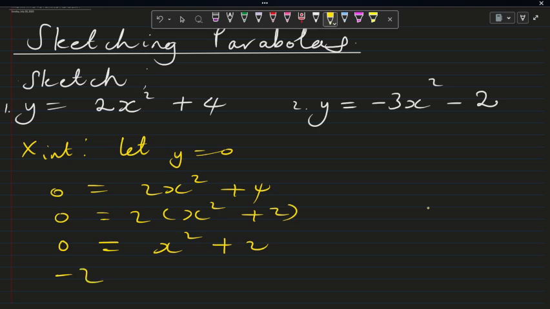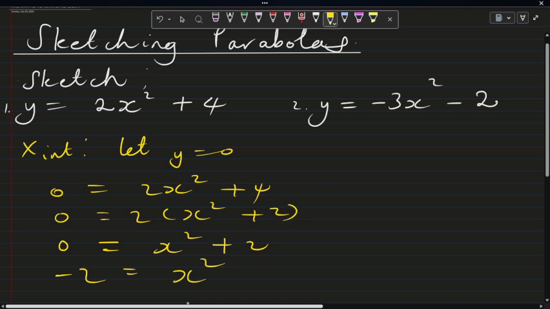If 2 goes to the other side, it becomes minus 2. Now we have a bit of a problem, because whatever value you insert for x, there's no way that x squared can produce a negative number.